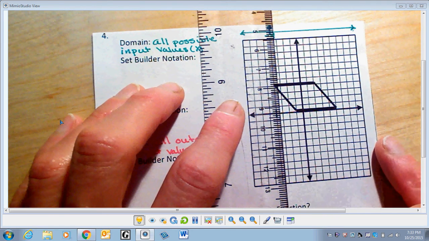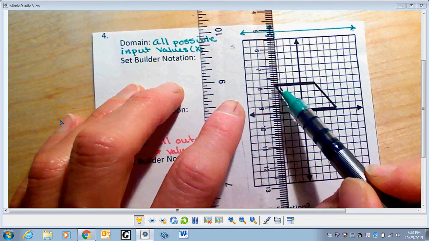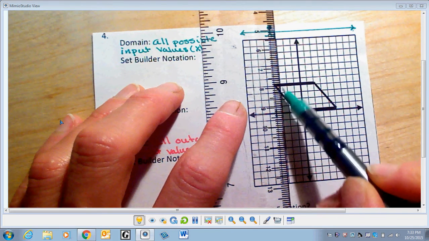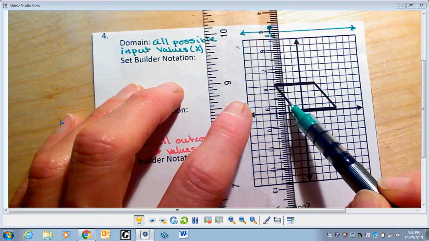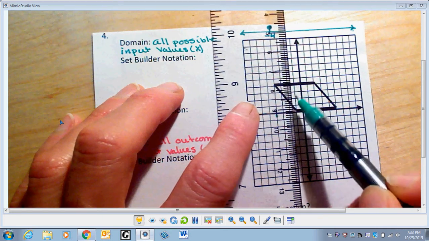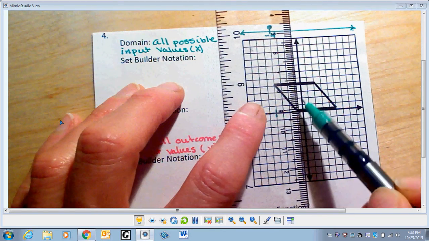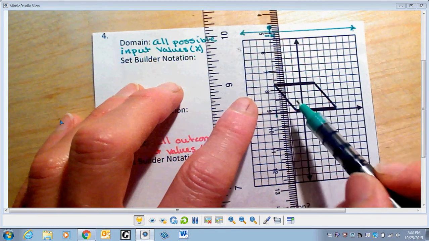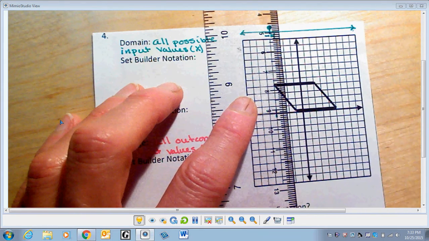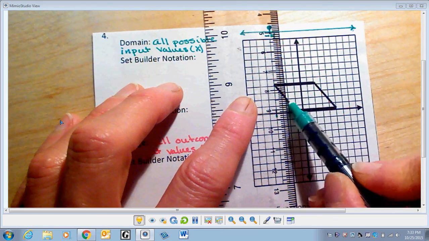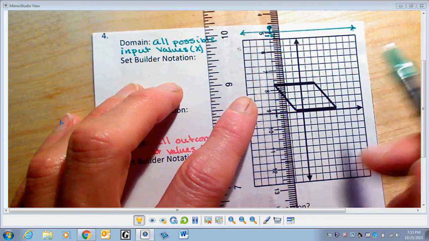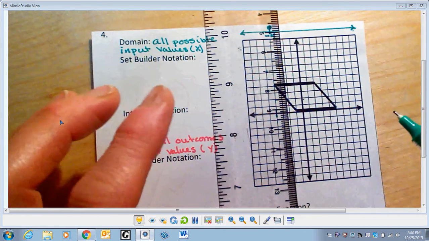As I'm going here, I start getting multiple values for output, so that's going to help me answer that function question. But notice as I'm going here, I'm still touching the function, at two places for x. X is here and here the same value of x, but I'm getting two outputs. But let's just stick to the domain.